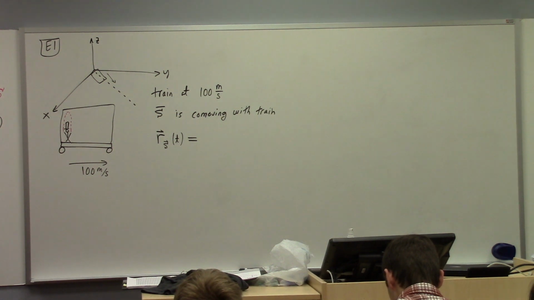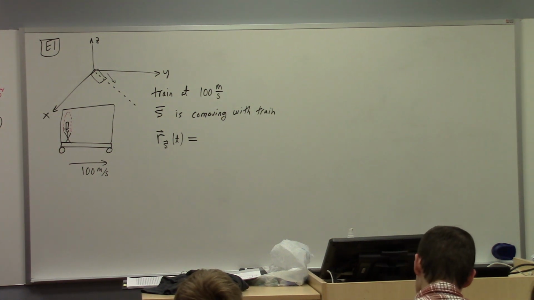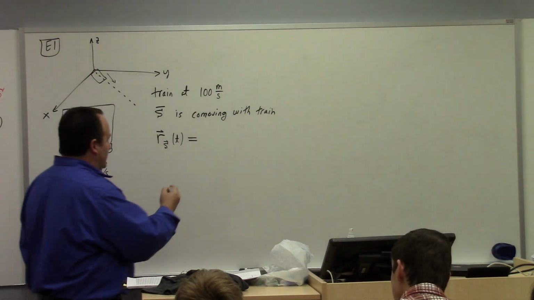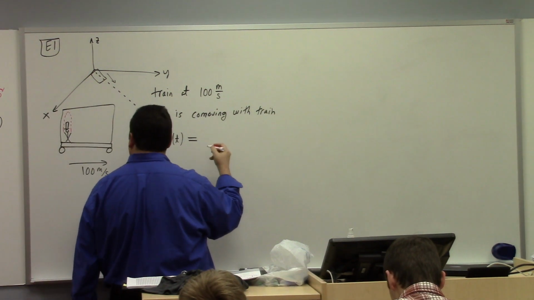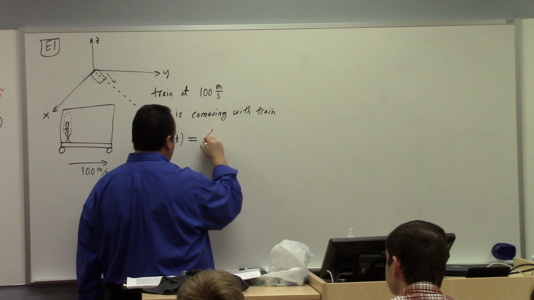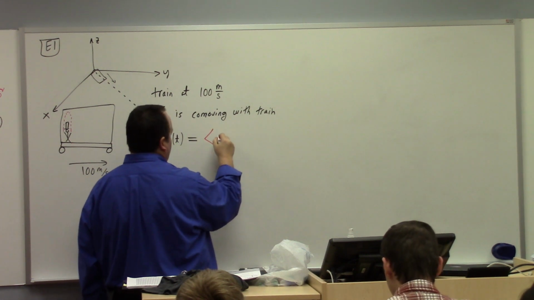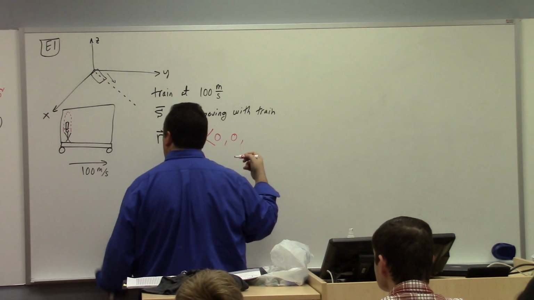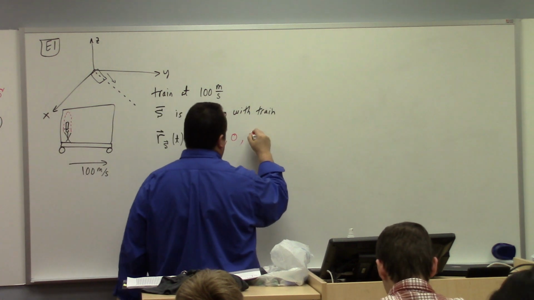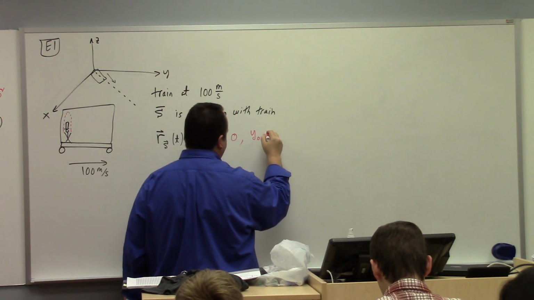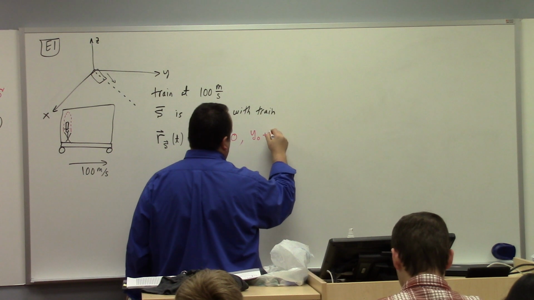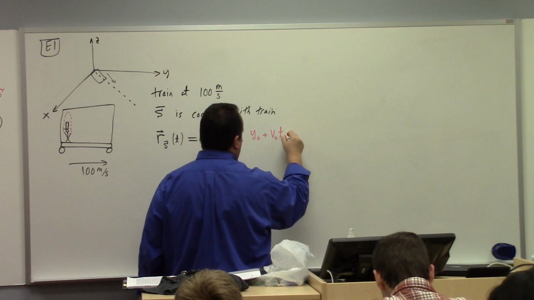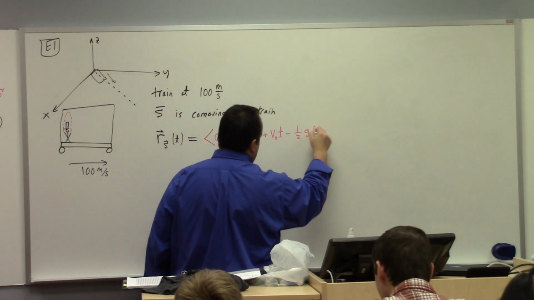So the position hasn't changed in the moving frame of reference, which moves with you. In other words, the position vector of the marker is just 0, 0, and then in the z direction, its initial height plus its initial velocity times time minus 1/2 gt squared.